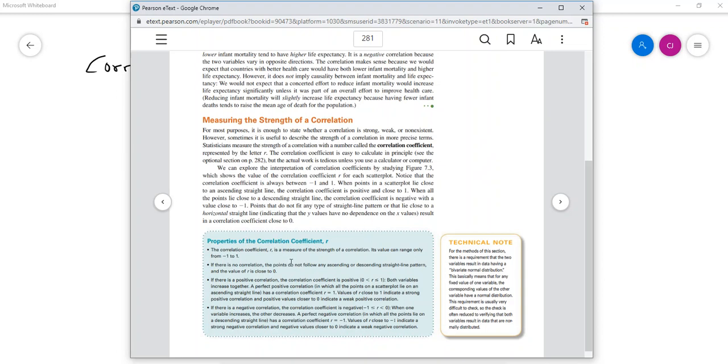We know that r is between -1 and 1. If there's no correlation, r is 0. If it's positive, as one increases, the other has a tendency to increase. If it's negative, as one increases, the other has a tendency to decrease. They move in opposite directions in a negative correlation.